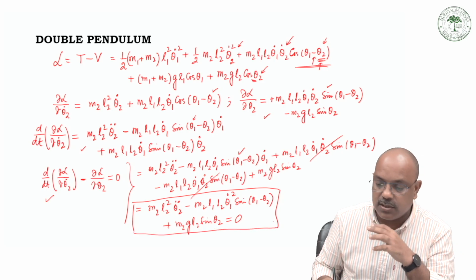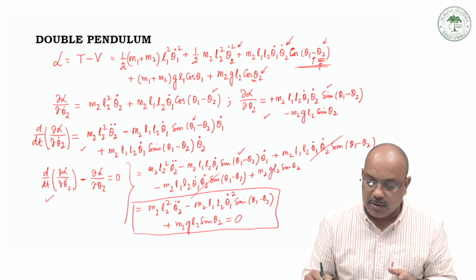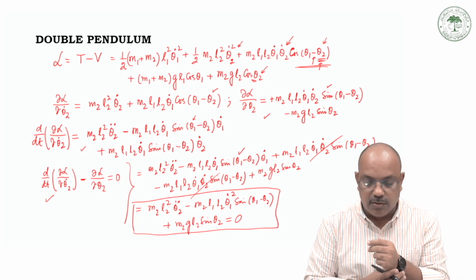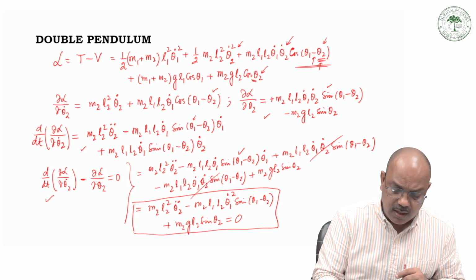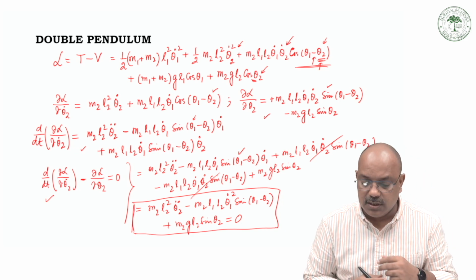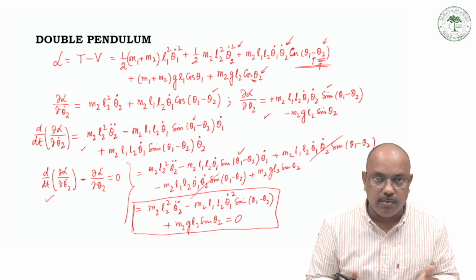So I did this because in our previous lecture there was a mistake, and these terms were getting added together. Now when you see the equations of motion for theta 1 and theta 2, they are quite complicated.